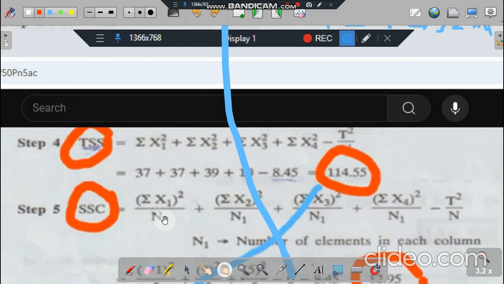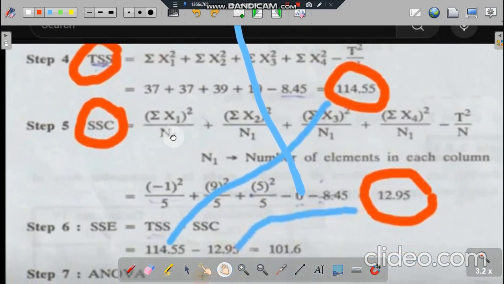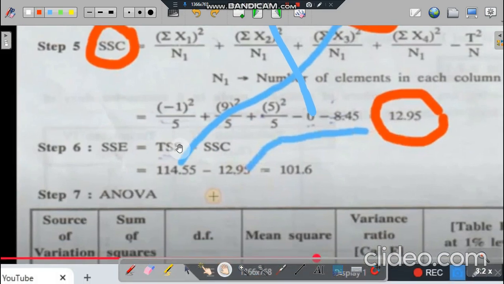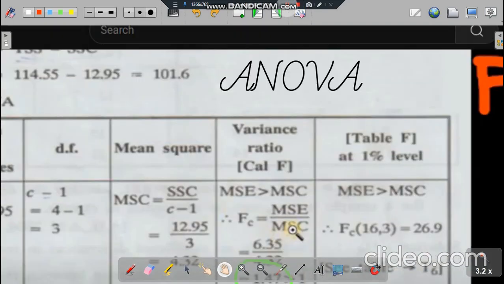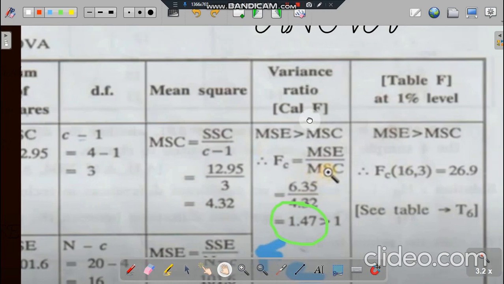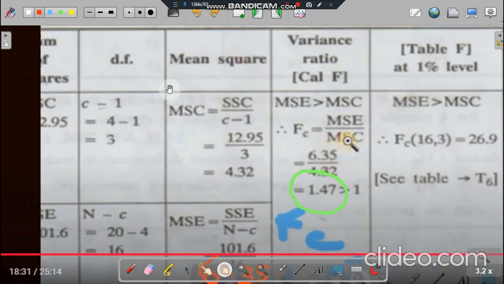SSC also we are finding out. The value is 12.96. We are finding SSE, and that is 106. The next step is the ANOVA table we have to do here. The ANOVA table gives the sum of squares, that is SSC that you are filling up here. C minus 1, column minus 1, is 3. The MSC means SSC by C minus 1.